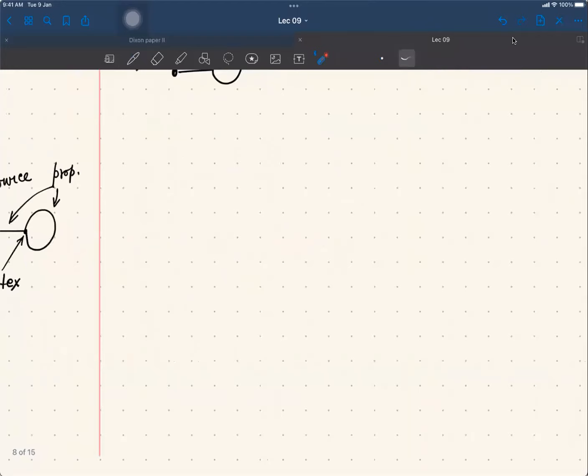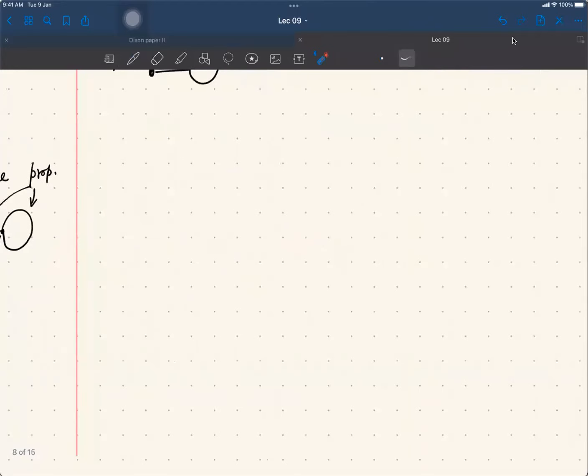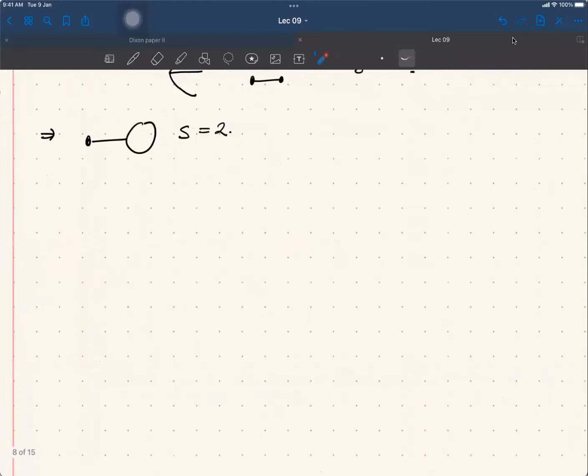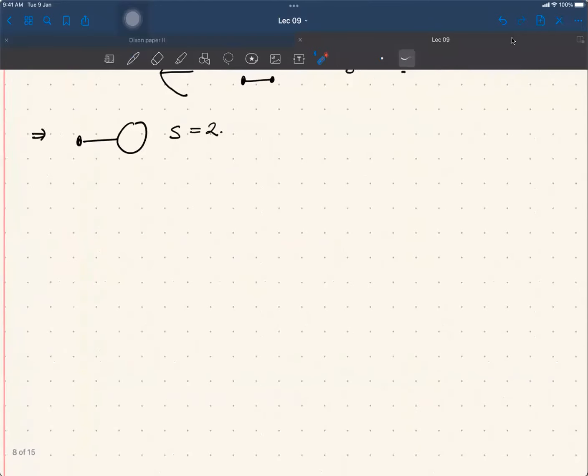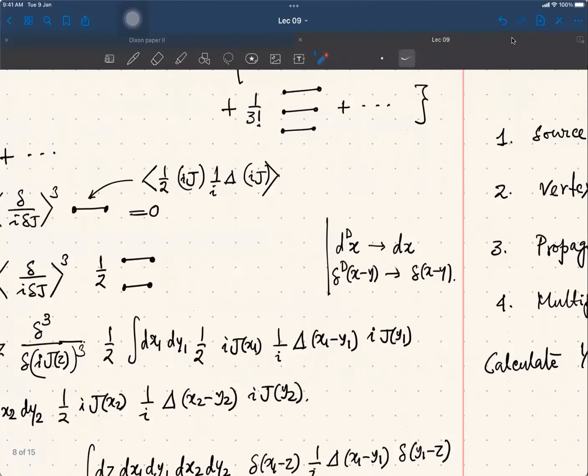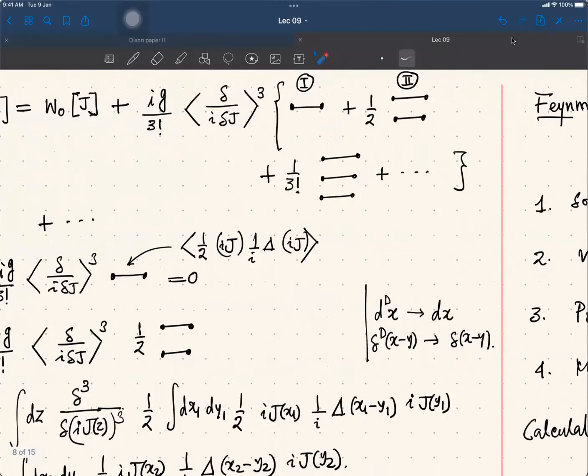So the same basic methodology should work for more complicated diagrams or calculations as well, for all the higher order terms. You have just more of these derivative factors and more links, but it is the same thing.